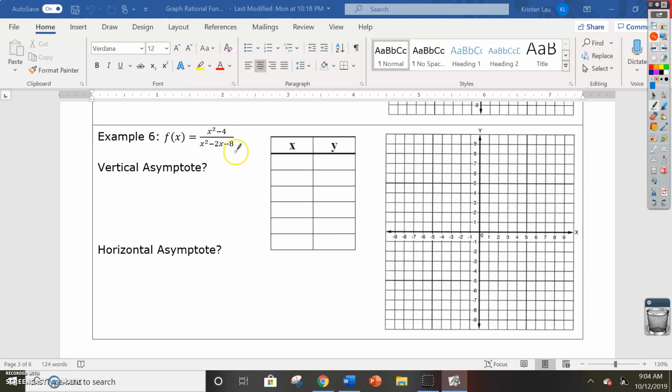First I'm going to find my vertical asymptotes, so I'm going to set my denominator equal to 0, so I have x squared, let's try that again, minus 2x minus 8 equals 0.